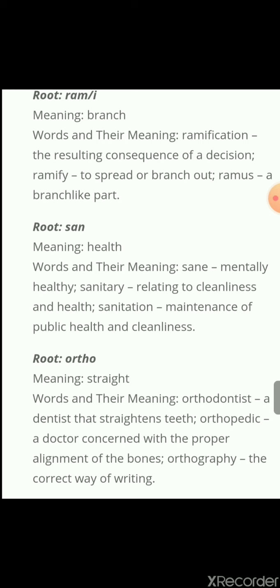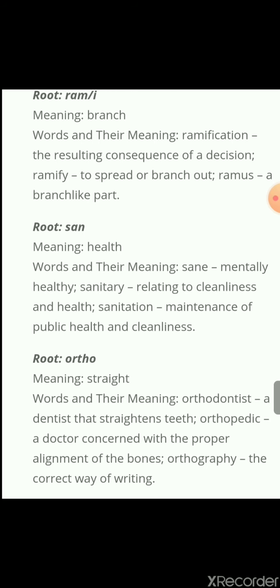So ram is equal to branch. Wherever you find words in which ram has been used in any way, you can get the clue that it means something branch or section like that.